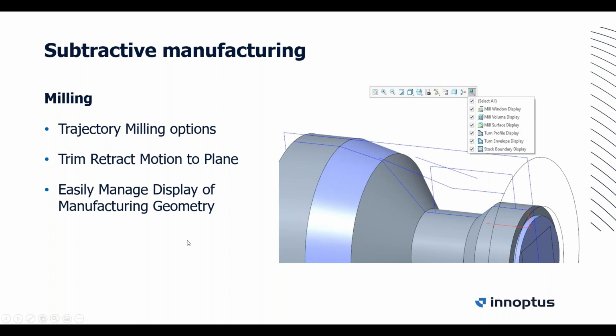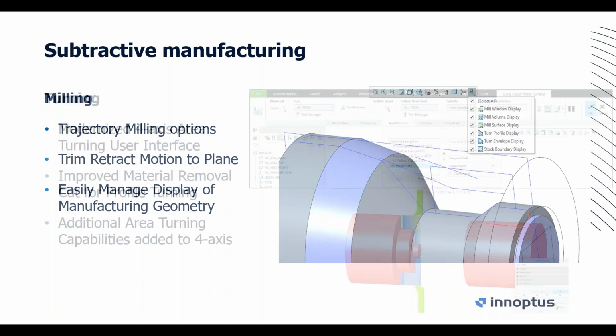And of course, easy manual management of the views: the lines that you want, the envelope, so you can select what you want to see at any time. A little bit more accessible than it was in the past.